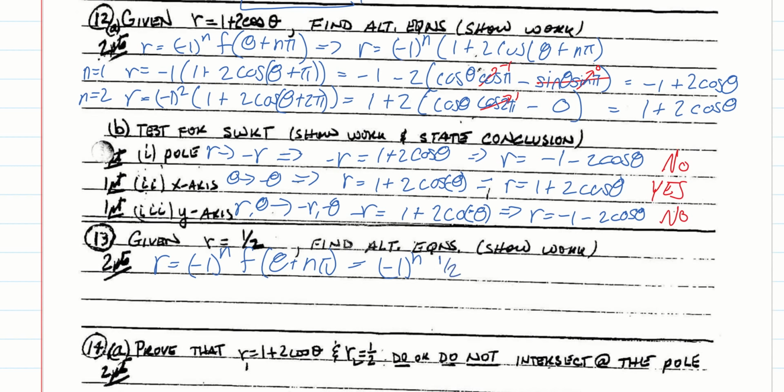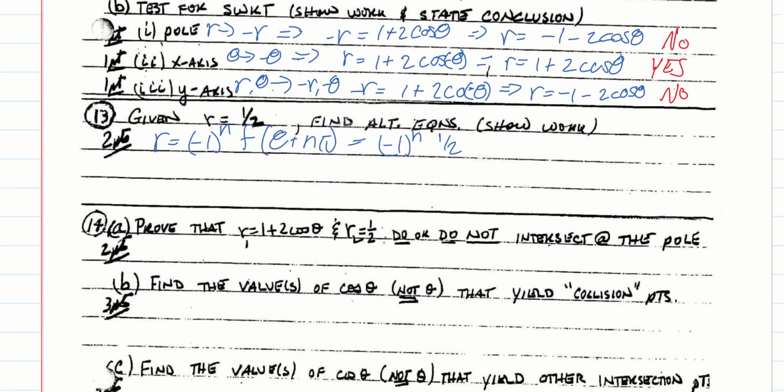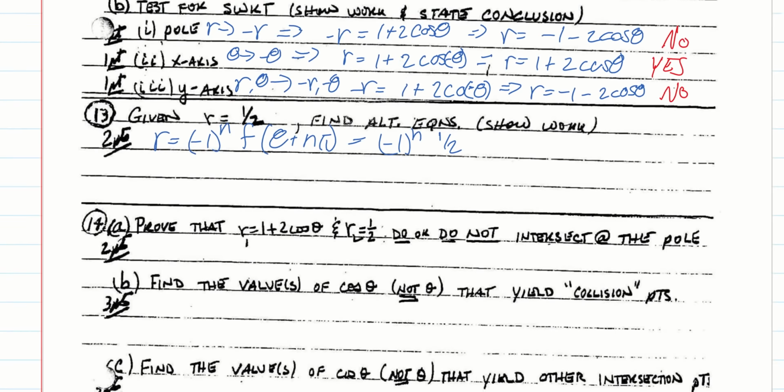Negative 1 to the n times 1/2. Is that it? Yeah. So this is for any theta, because this is pretty much a circle. When I plug in for the next r for n equals 1, I get negative 1 times 1/2, which is equal to negative 1/2.